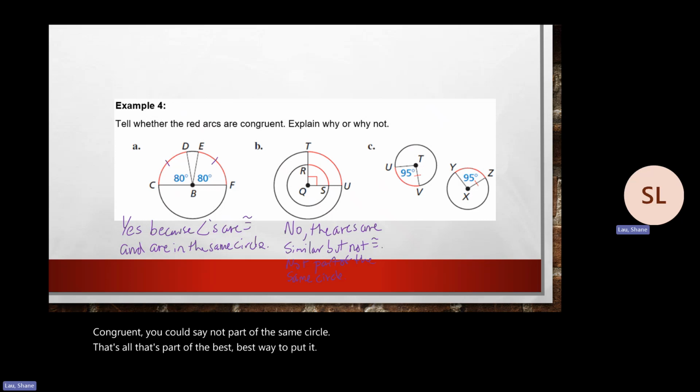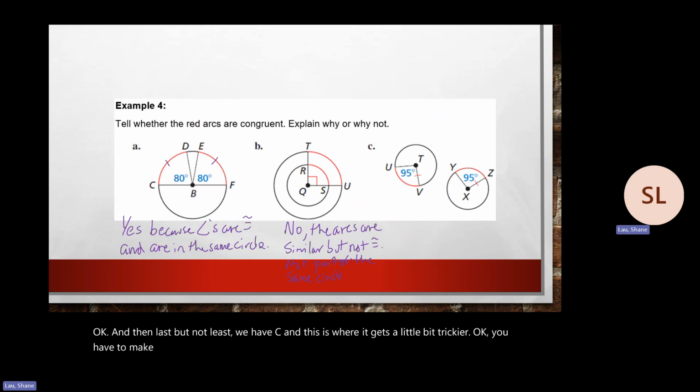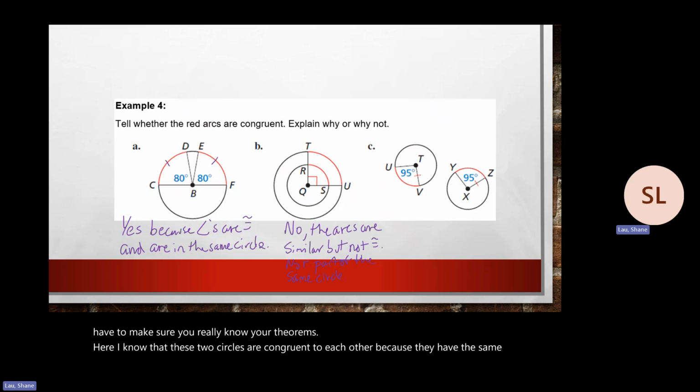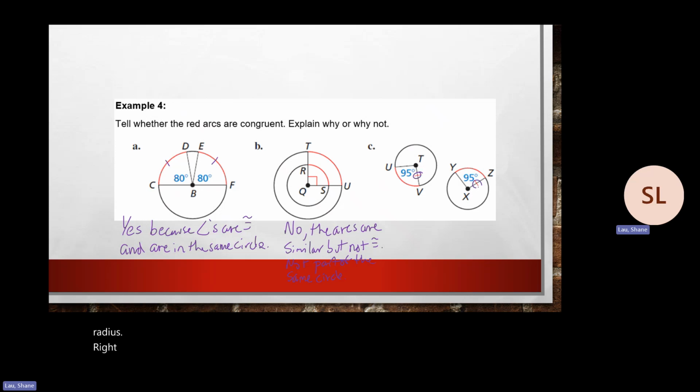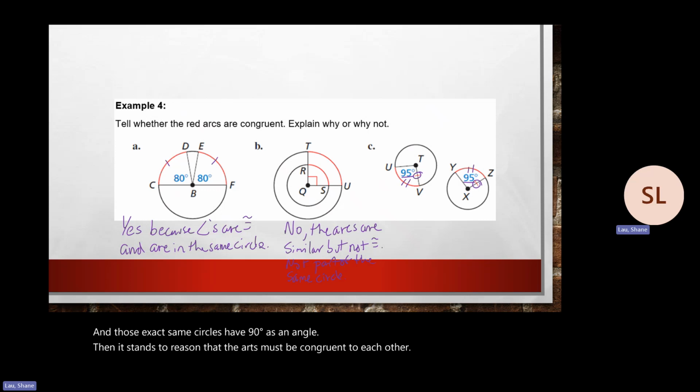Okay. And then last but not least, we have C. And this is where it gets a little bit trickier. You have to make sure you really know your theorems. Here, I know that these two circles are congruent to each other because they have the same radius, because of this right there. Well, if they're the exact same circle, and those exact same circles have 90 degrees as an angle, then it stands to reason that the arcs must be congruent to each other.